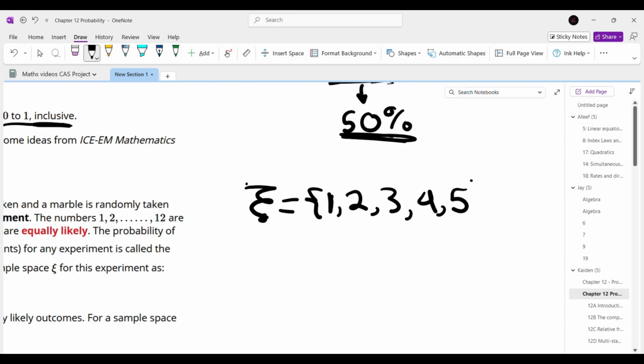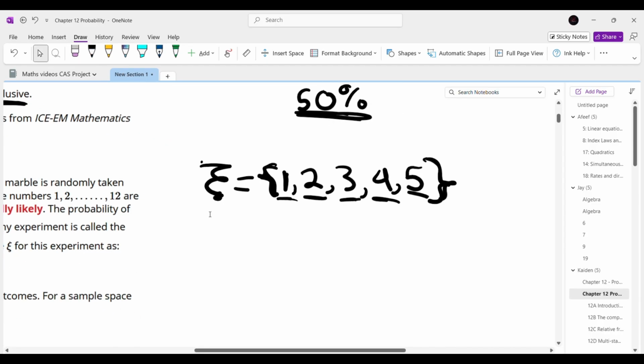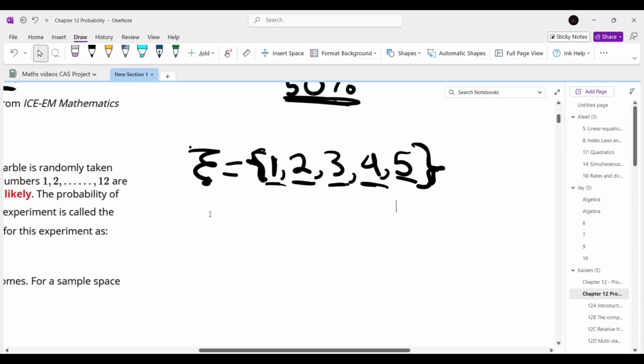These are the numbers in our sample space. Now, it doesn't have to be numbers. It can be things like colors, like red, or things like dog. You just have to make sure that all your values in here are separated by commas, because these are all separate values, and they're inside these brackets. I'm just saying it's not exclusive to numbers. So this is your sample space: 1, 2, 3, 4, and 5.